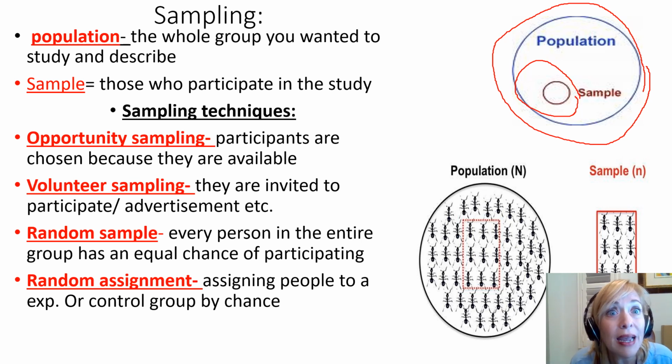Now, random sampling is the best kind of sampling because everybody in the entire group has an equal chance of participating. And so it's completely randomized, and tends to be the very best result. Now, a lot of kids confuse these two together. So I'm going to take my blue marker and I'm going to go like this with these two words.